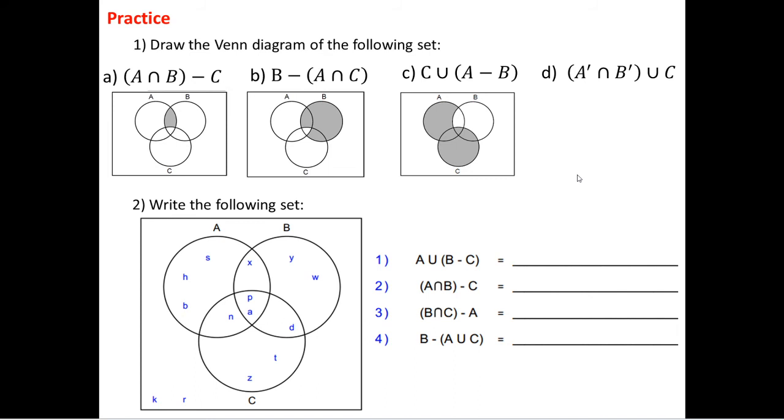And for letter D, what is A prime, or A complement, intersection with B complement union with C? This is our answer.